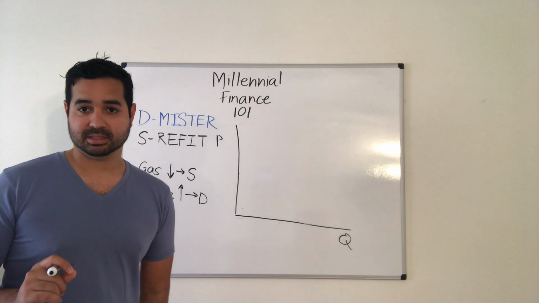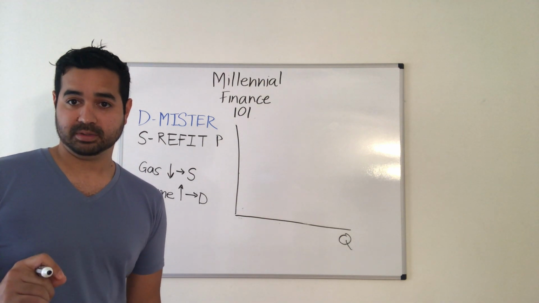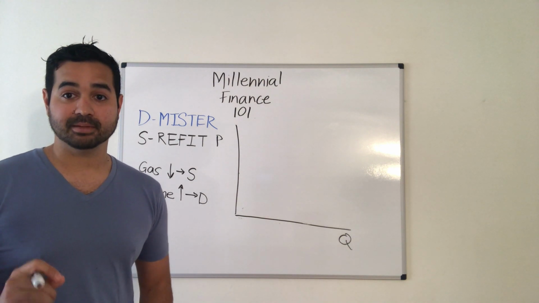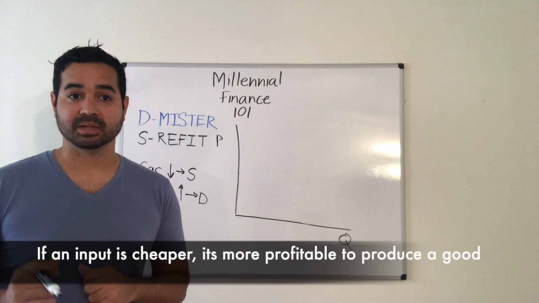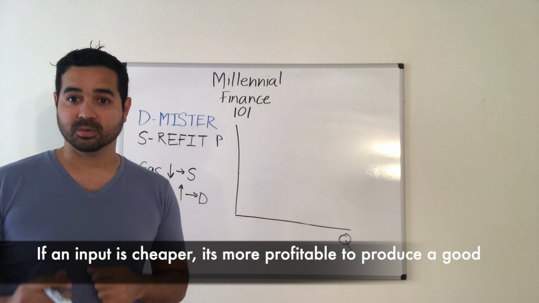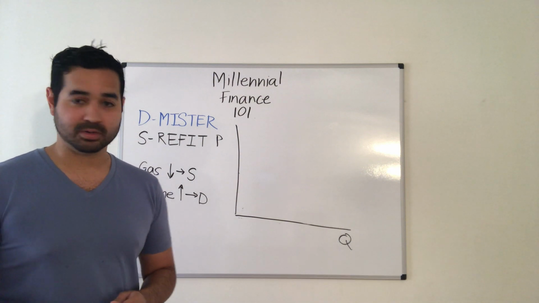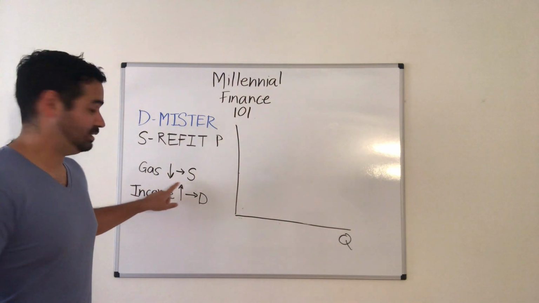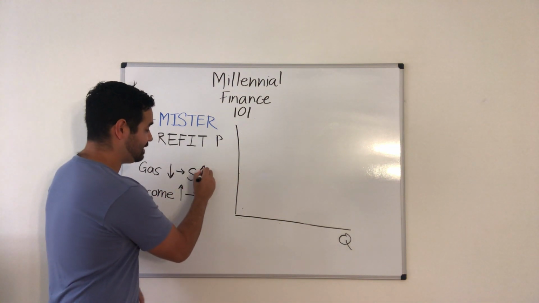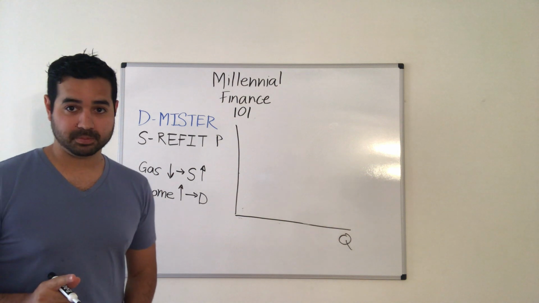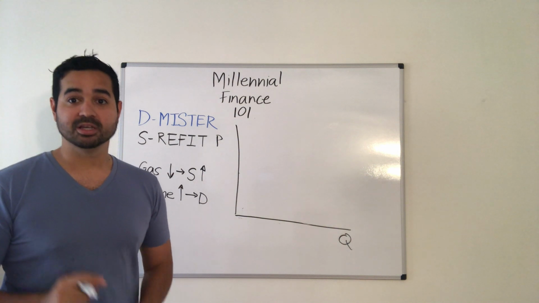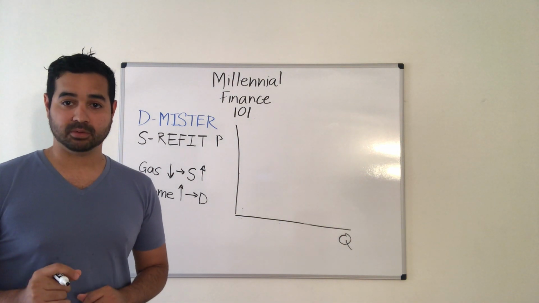A decrease in gasoline is a decrease in the price of an input. If an input becomes cheaper, that means it becomes more profitable for suppliers to produce more. So what are they going to do? They're going to produce more. So a decrease in gasoline should result in an increase in supply. Does that make sense? It becomes more profitable because the inputs become cheaper, so suppliers are going to supply more.